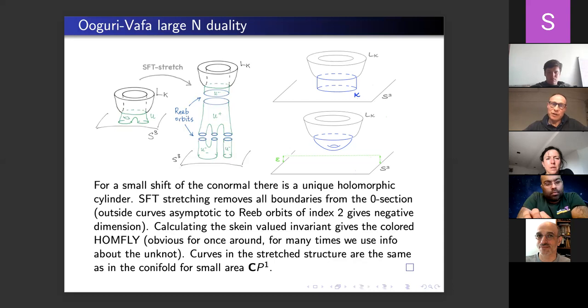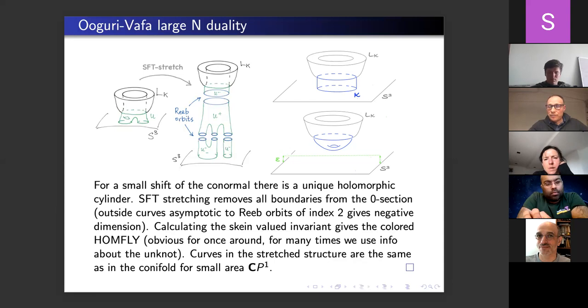Somehow one should set up some open topological string theory for these with these asymptotic conditions to Reeb orbits and so on. But anyway, the relation between the curve counts follows from this Skein-valued curve count in a pretty straightforward way.